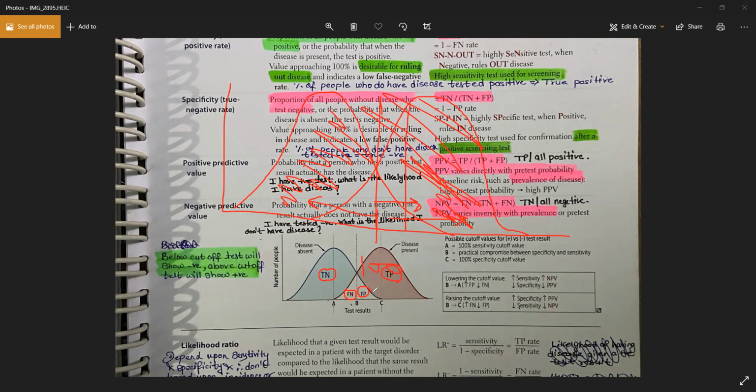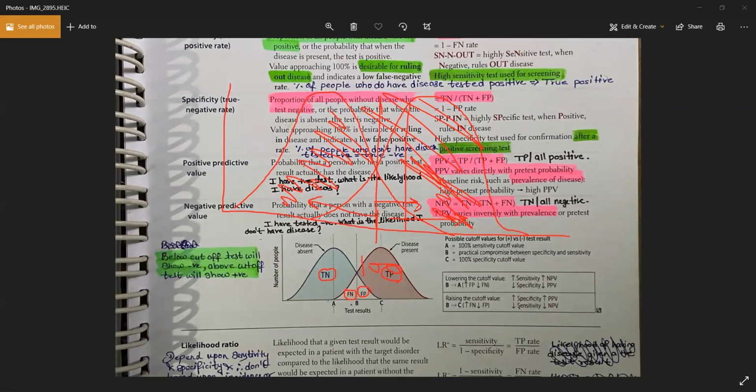My false positive rate is gonna go down, because all the individuals who do not have the myocardial infarction but have a troponin level greater than 100 will be tested negative now, right? So my false positive rate will go down if I increase the cutoff value.